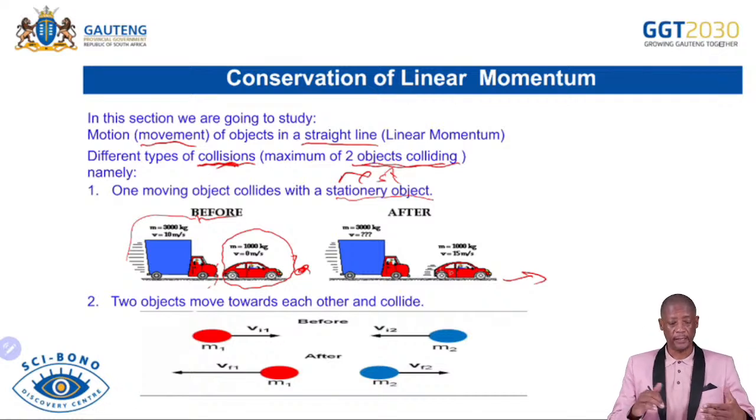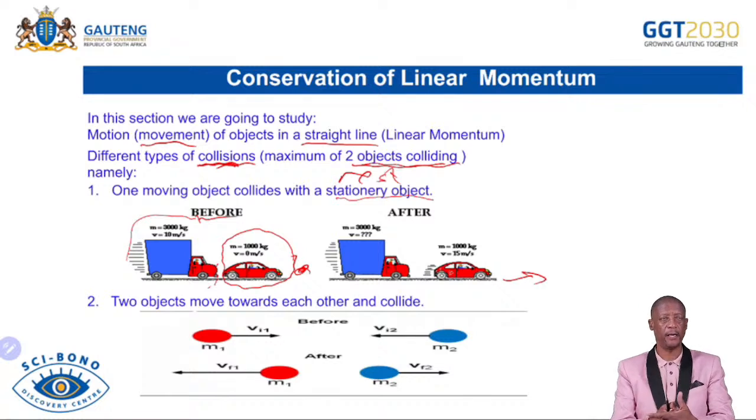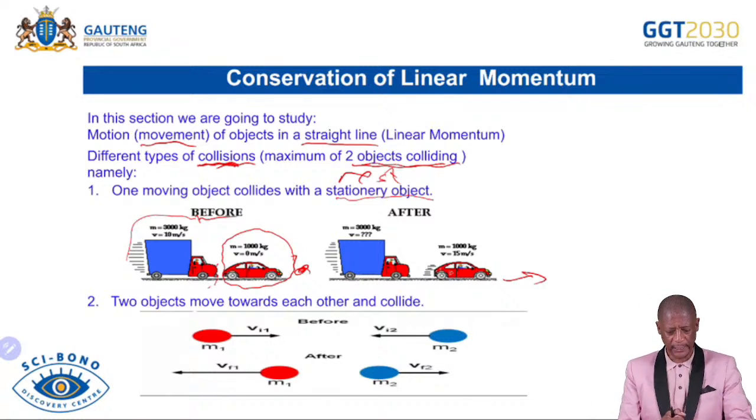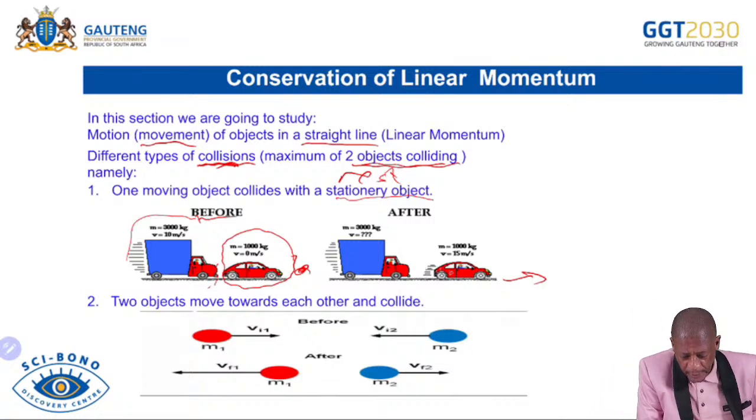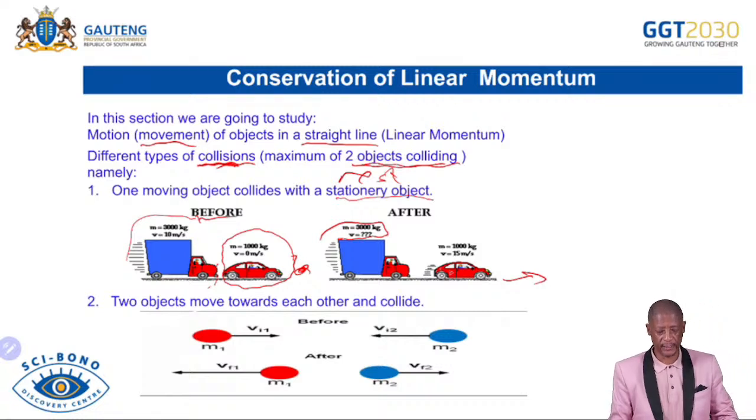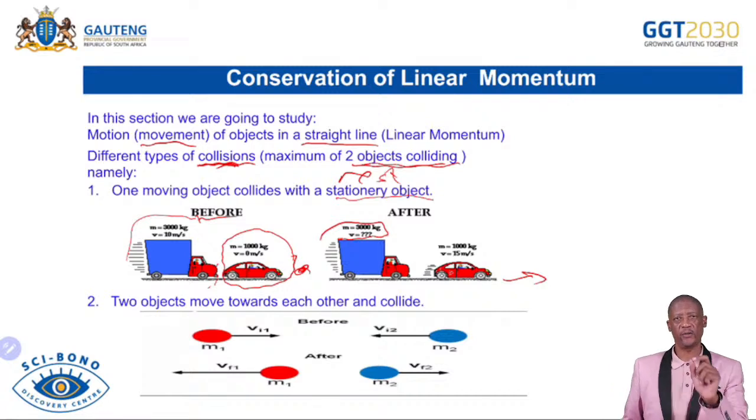It means the other one hit the stationary car and the stationary car moved forward. So what happened with the car that collided with the stationary car? It means we will be calculating its velocity, because we do not know the velocity of that car. Remember, velocity is a vector.